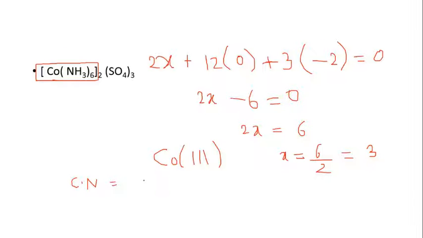Ammonia is a monodentate, so 1 into, and each cobalt metal is having 6 ammonia ligands, so into 6. So total coordination number is 6. So the oxidation state of this particular complex is +3 and coordination number is 6.